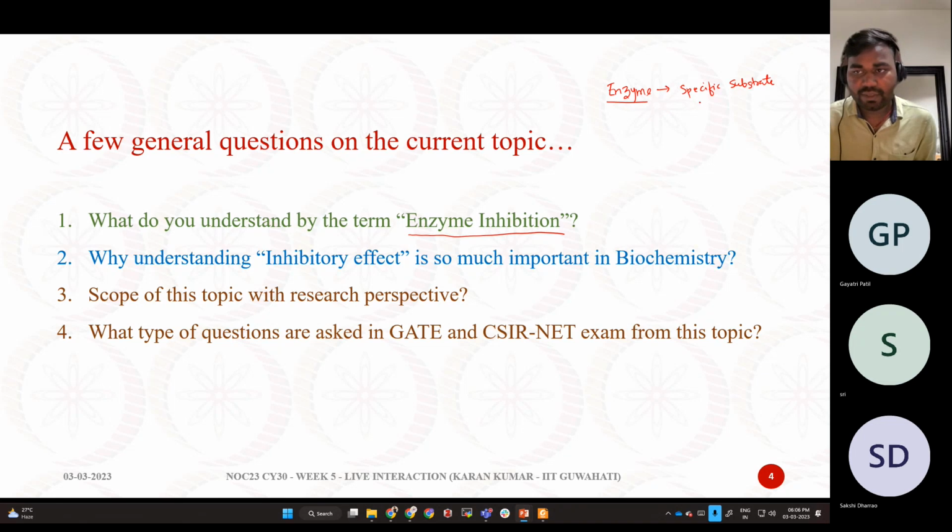An enzyme catalyzes a particular kind of chemical or biochemical reaction, and reaction catalysis involves a substrate and the production of a specific product, your product of interest.